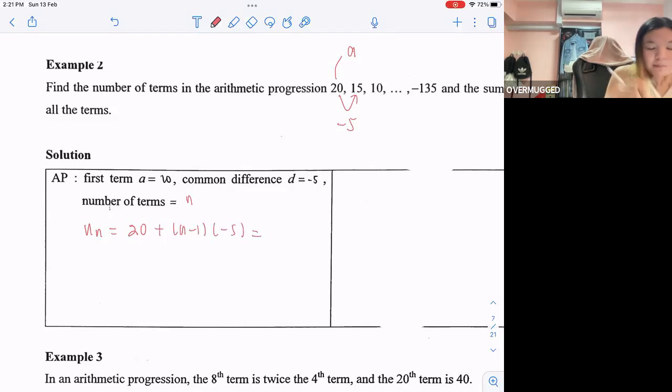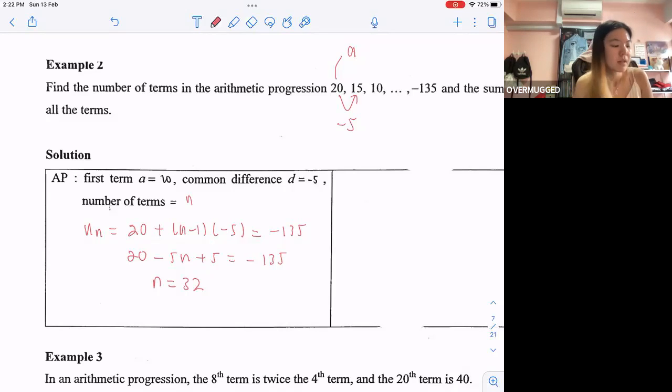And I know that my last term is actually -135. So this is equal to this, and I'm going to solve this. In other words, 20 minus 5n plus 5 is equal to -135. And my n, if I calculate out, will actually be 32.